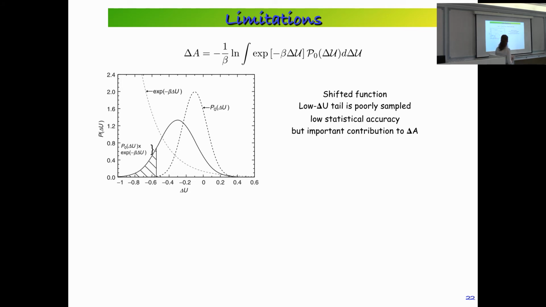So if the probability distributions of ensemble 1 and ensemble 0 are very much separated, you will have very poor information about the tails here that are the important part for the ensemble that you want to compare.